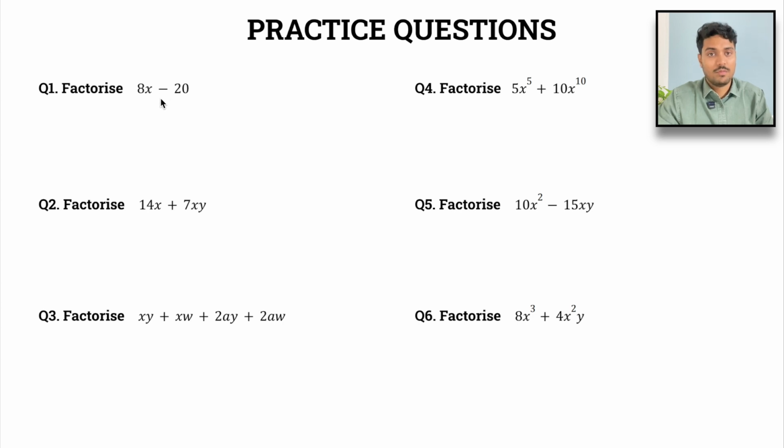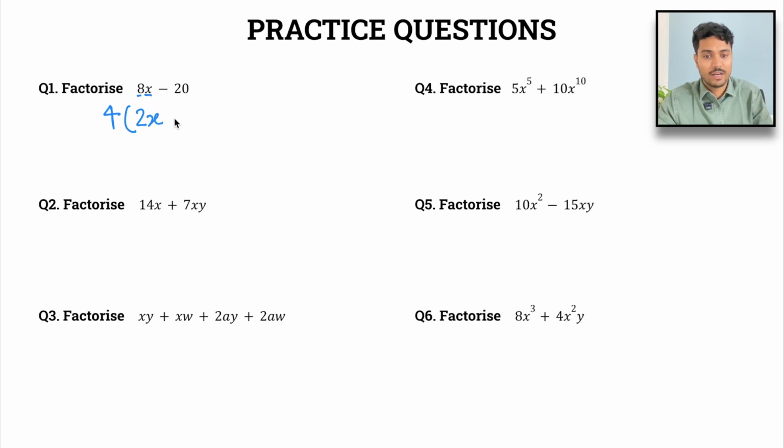And apart from the numbers, we also have to check the variable. We have a variable here, but we don't have a variable in the second term. So we have to check both one by one. First the number and second the variable. So 8 and 20, what is the common factor? So the common factor is 4. So we can write 2 because 4 into 2 is 8, but we also have to balance this x.